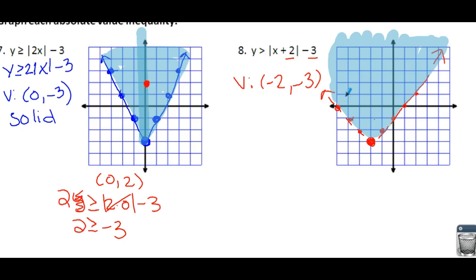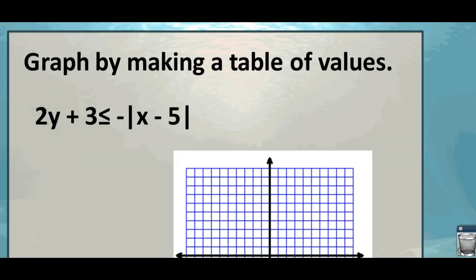So just like before, we graph linear functions when we solve for y. We graph absolute value functions when we solve and isolate our y variable. So in the case of this problem, my y value is not isolated. So I need to get the y value alone. So I'm going to subtract 3 from both sides.